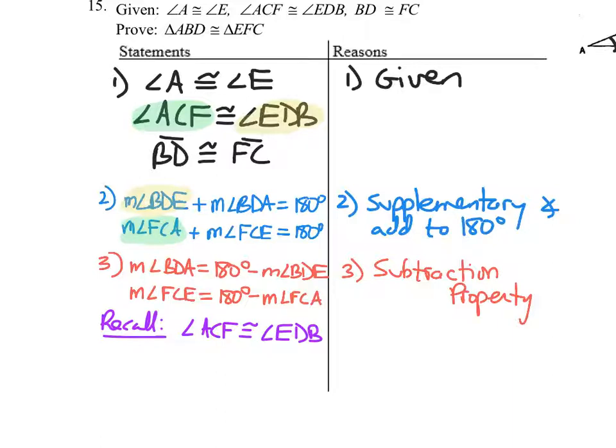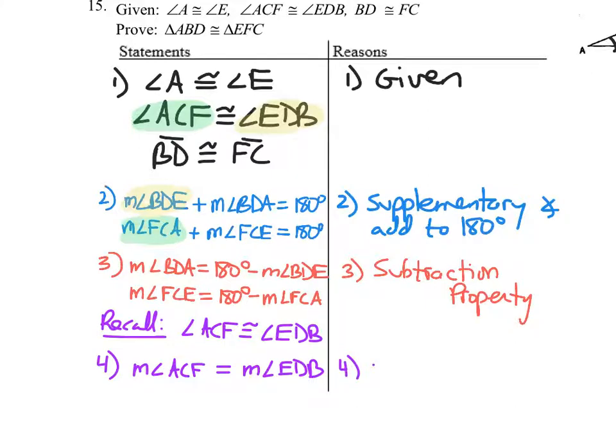This next step is going to be a little bit weird because it's going to seem completely unnecessary, and oftentimes it really is. But I'm going to make the statement that the measure of angle ACF is equal to the measure of angle EDB.